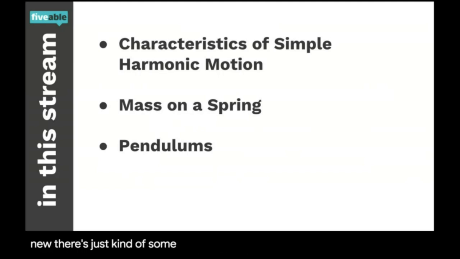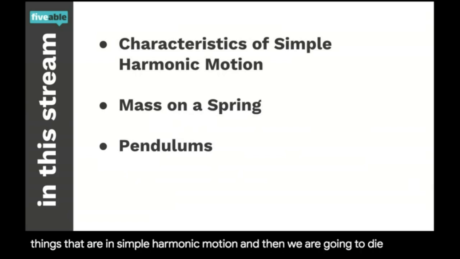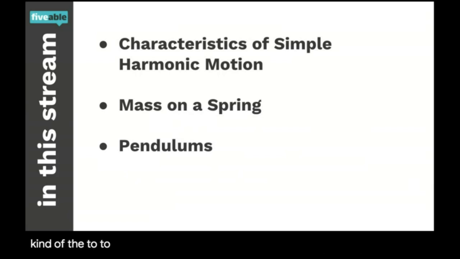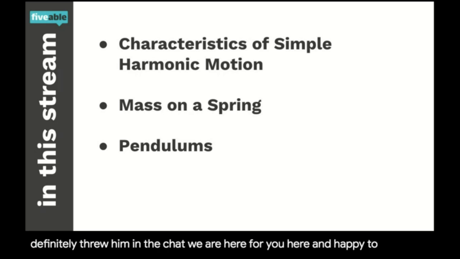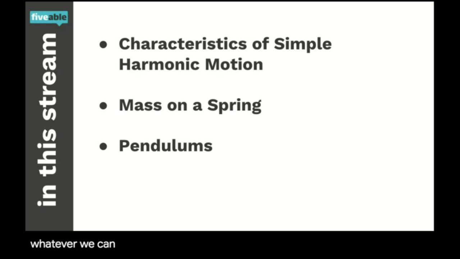There's just some extra things to throw at you when we talk about things that are in simple harmonic motion. And then we are going to dive into the two big types, mass on a spring and pendulums. So again, if you've got questions at any point, definitely throw them in the chat. We are here and happy to help with whatever we can.